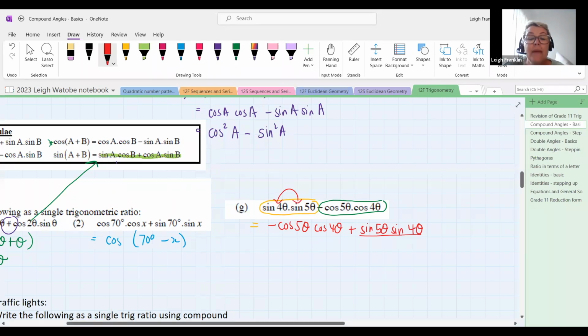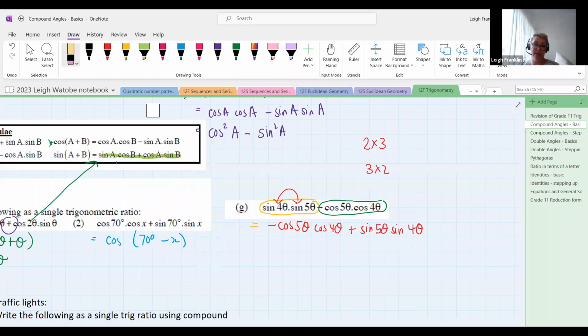I'm allowed to do that because the order in which I multiply doesn't matter. If I say 2 times 3 and Omoholo says 3 times 2, we're all saying the same thing. So I've taken the first term and written it in the first place, and the second term in the second place, so I've got cos first and sine second.